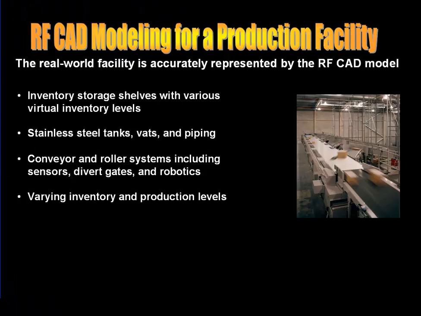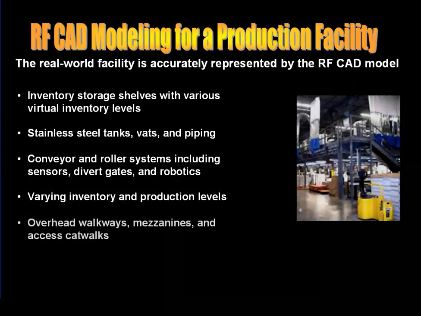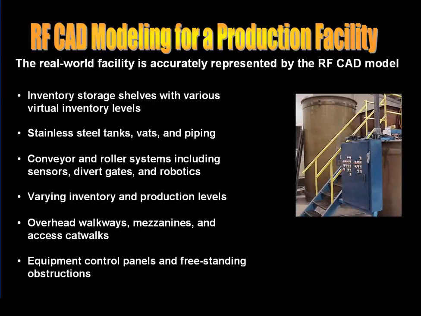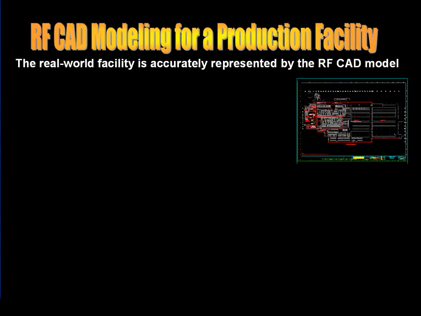One advantage is that varying inventory and production levels can be simulated. Whether there are overhead walkways, mezzanines, catwalks, whatever is in the actual production facility can be created in the three-dimensional RF CAD model. This is the job of the RF engineer.